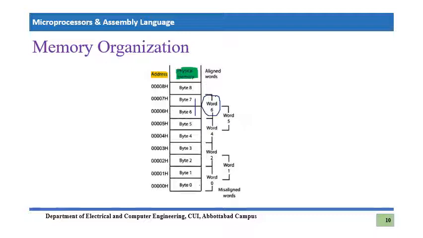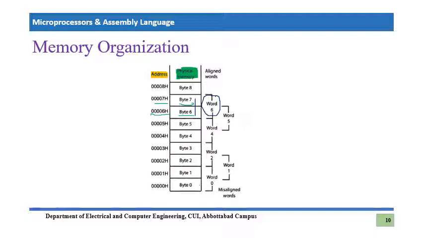So how are we going to determine which of these two bytes is least significant? The least significant byte is this one, byte number 6. How can I tell? Because byte 6 is stored at 006, while the most significant byte is byte 7, and it is stored at 007. Why? Because using the Little Endian approach, we know that the least significant byte is stored at the lower address.